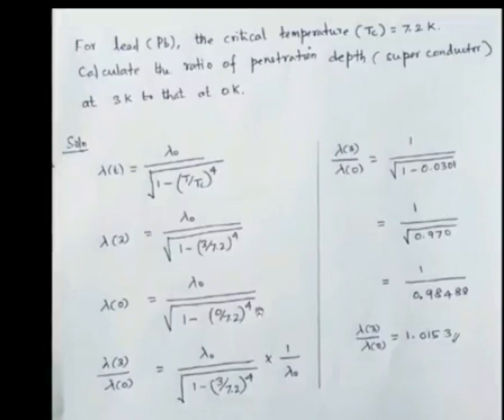Basically we want the ratio of penetration depth at 3 Kelvin to 0 Kelvin. Therefore we need to divide lambda of 3 by lambda of 0. So you just divide lambda of 3 with lambda of 0, and we get this relation.